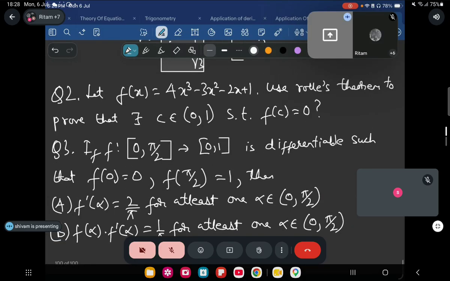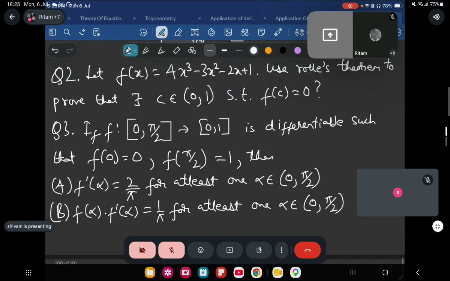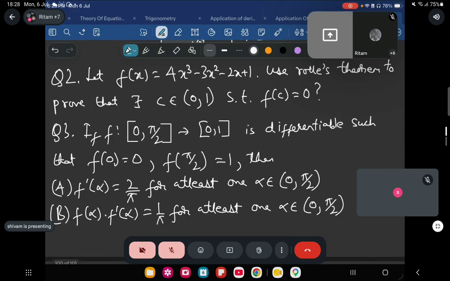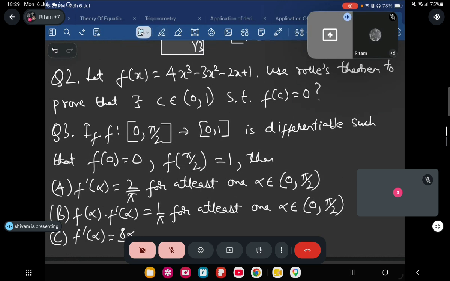Option C, f dash alpha is equal to 8 alpha by pi square for at least 1 alpha belonging to 0 comma pi by 2.